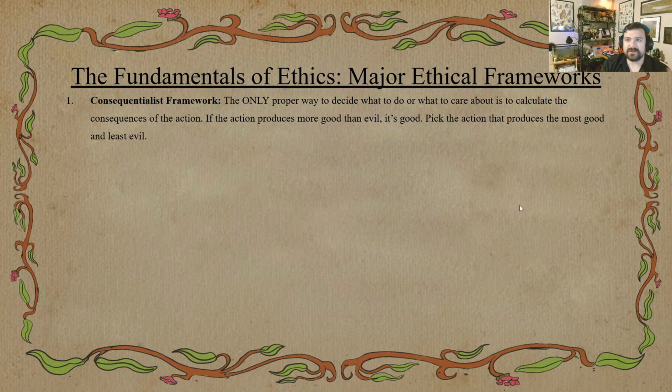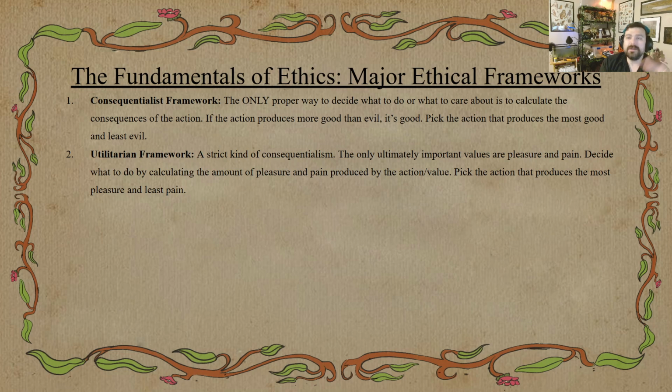Okay, so there's consequentialism. Underneath consequentialism, as a very narrow or strict kind of consequentialism, is utilitarianism. It's consequentialist, so it's going to say, look, the only decision criteria is maximize the good, minimize the evil. That's it. Do that.